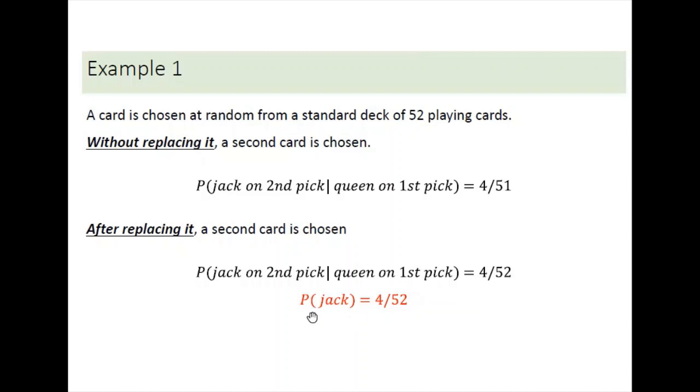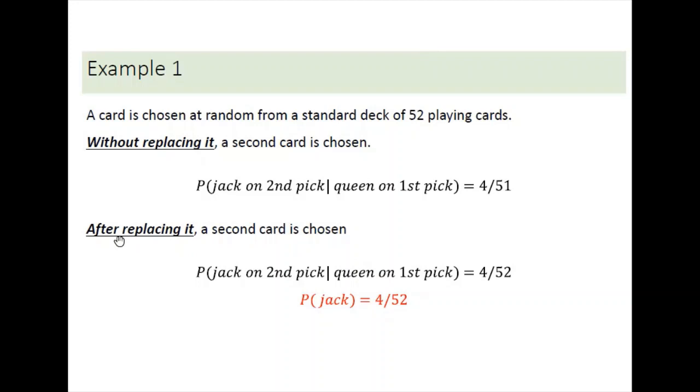So you know that the unconditional probability of a jack is 4 divided by 52, because we have 52 cards in total, 4 of them are jacks. And you can see that here the probability of a second jack, given this prior information, is the same as the probability of a jack.